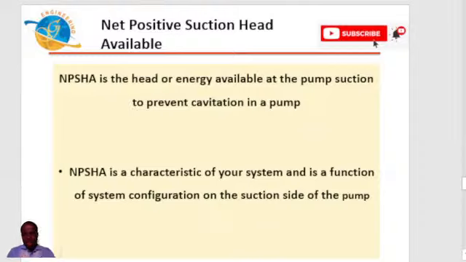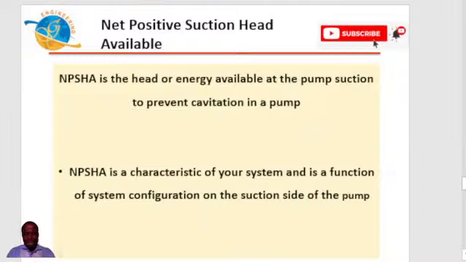Because if this energy is not enough, if the pressure at your external suction system is not sufficient to prevent any form of vaporization, you are calling for cavitation in your pumping system, which will ultimately cause various damage to the impeller.